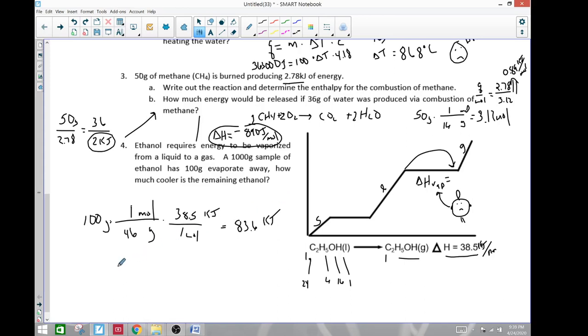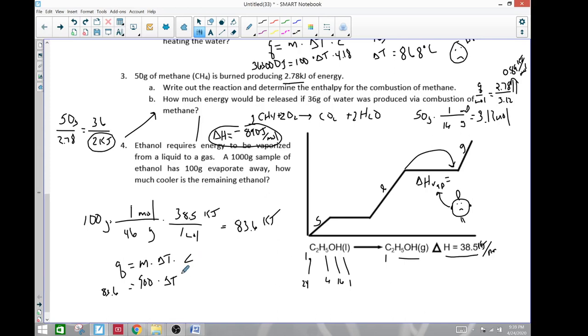Now we're going to use this equation. Q equals mass times change in temperature times specific heat. And the mass is 900. This thing lost 83.6, and then we're looking for the change in temperature, and then specific heat C.